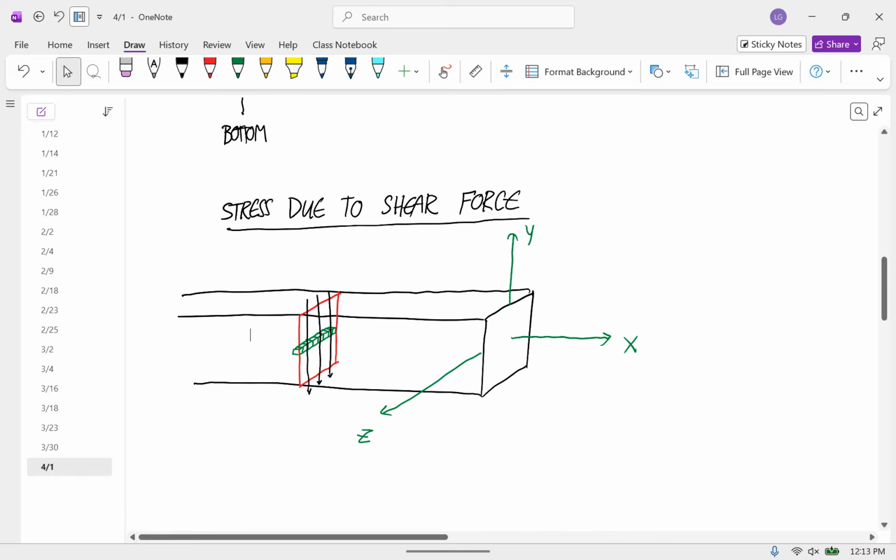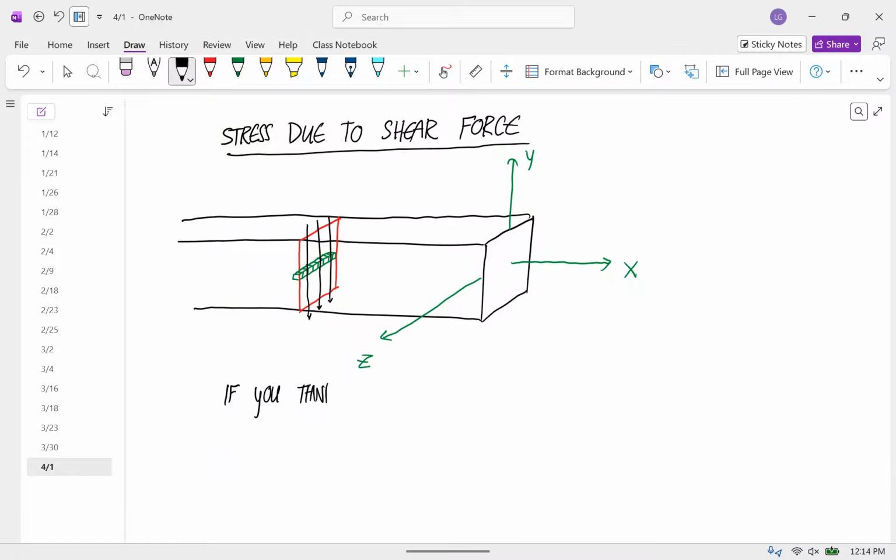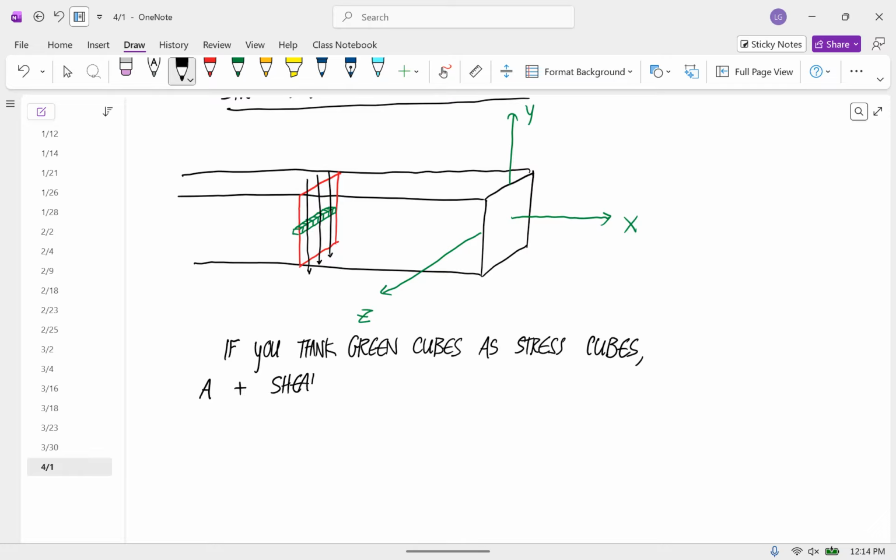So if you think of the green cubes as stress cubes, a positive shear force causes a negative tau xy shear stress. Okay, so now all we have to do is figure out what the value of that stress is.